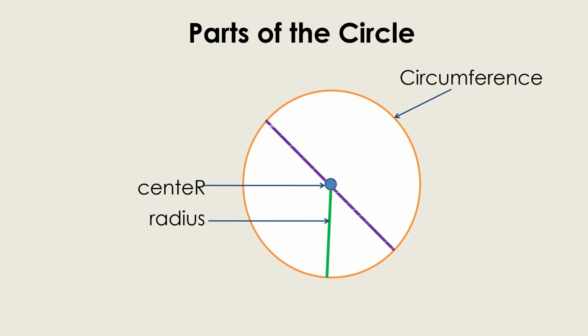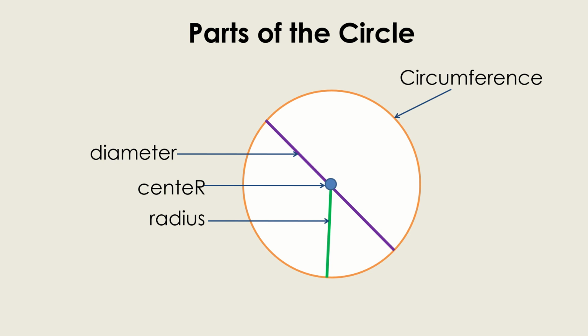Next, it is a line segment passing through the center of the circle and connecting any 2 points on the circle. So what is that? That is the diameter. Another definition of diameter: the diameter is the longest chord of the circle.